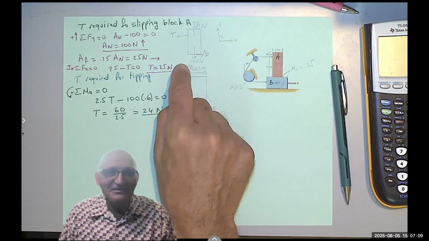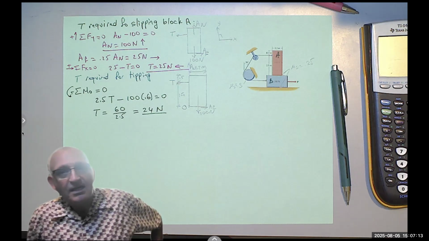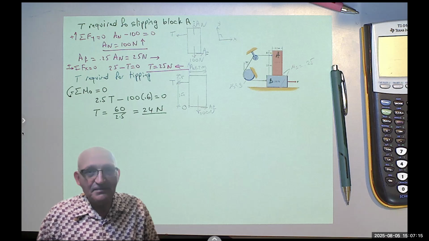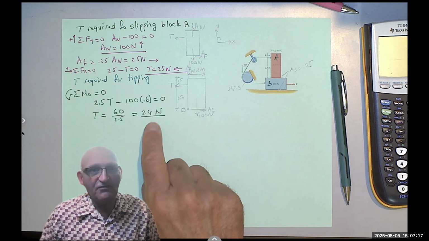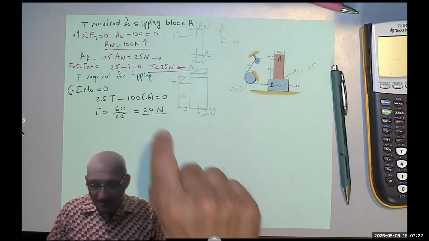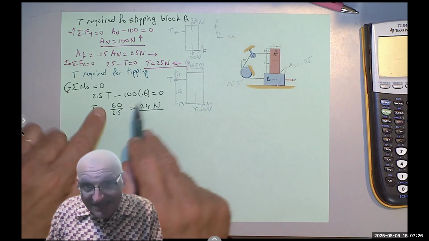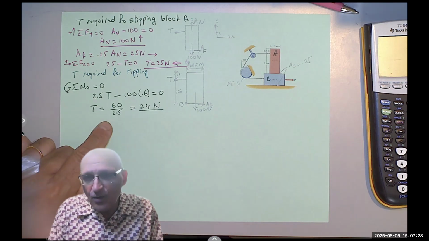24 is less than 25, so this thing would be about to tip before it slips. Okay, so I cannot exceed 24. Because I picked 24, I'm going to use this value. What does that mean?